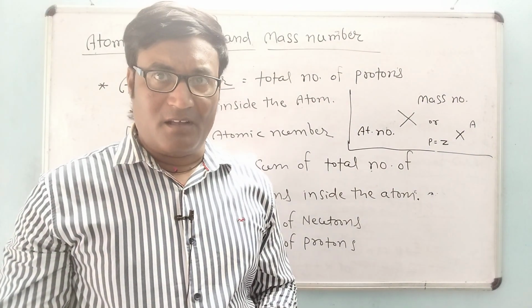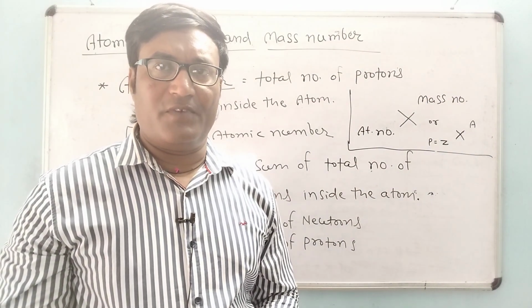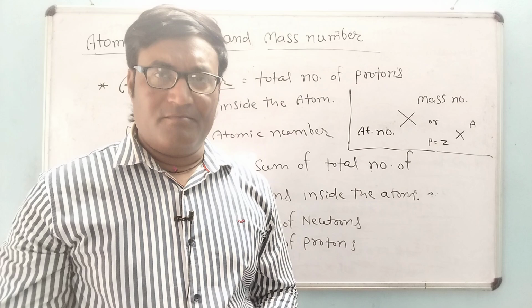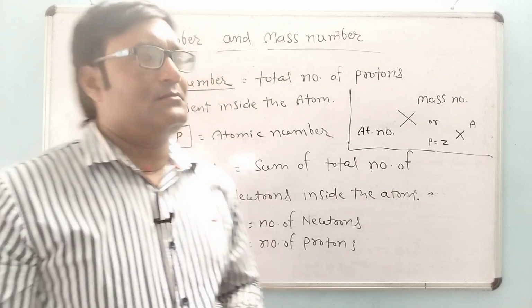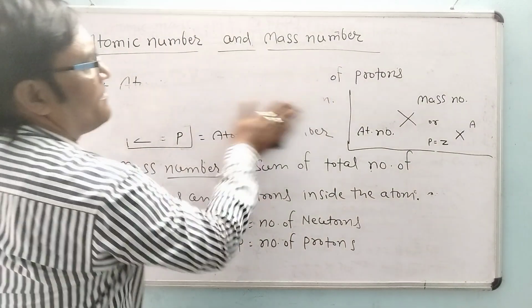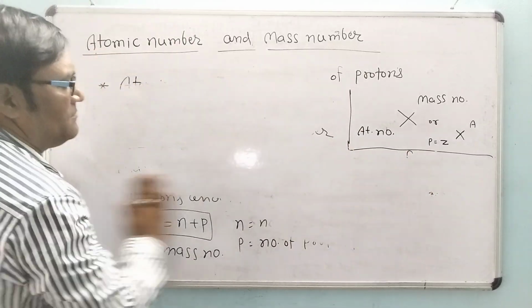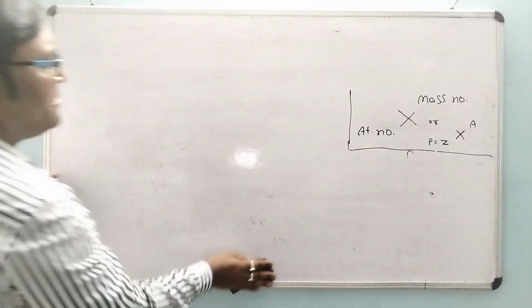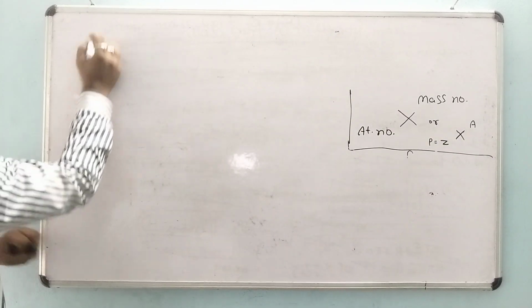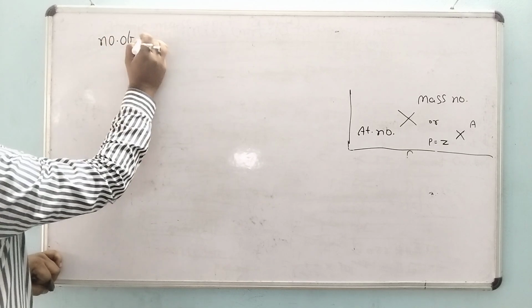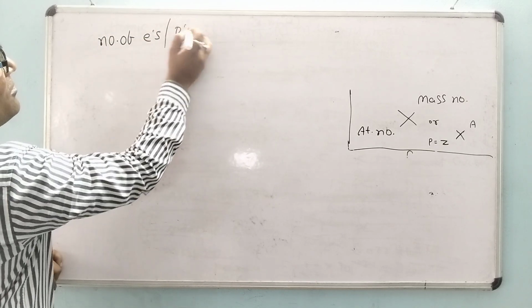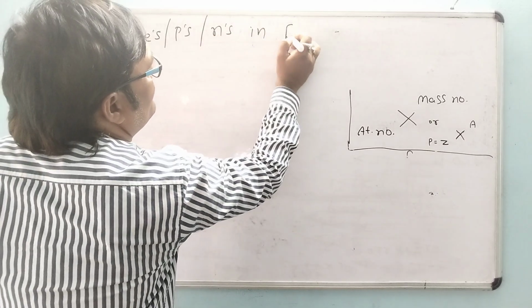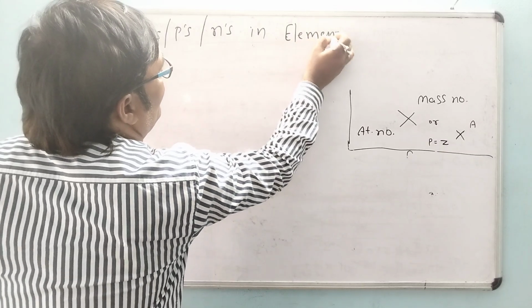Now we will discuss how we can find the total number of electrons, protons and neutrons in atoms, molecules or ions. So now the heading is changed: number of electrons, protons, neutrons in elements.